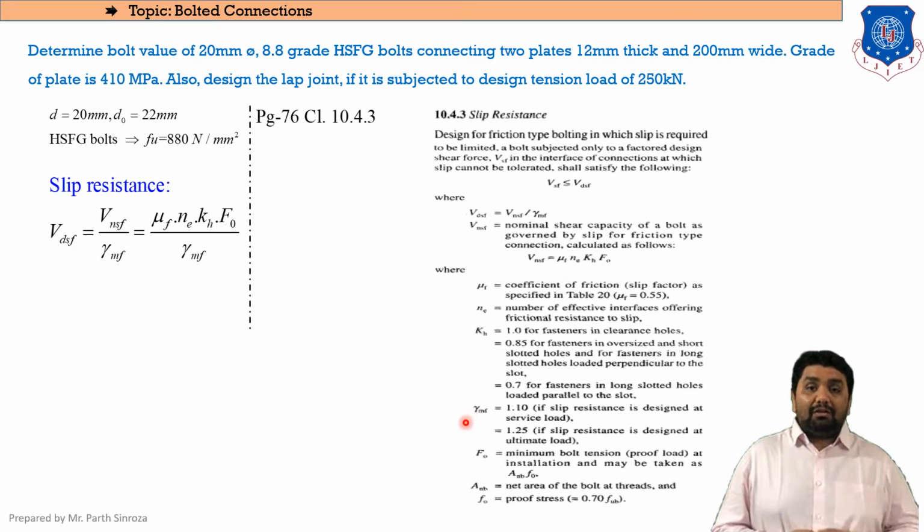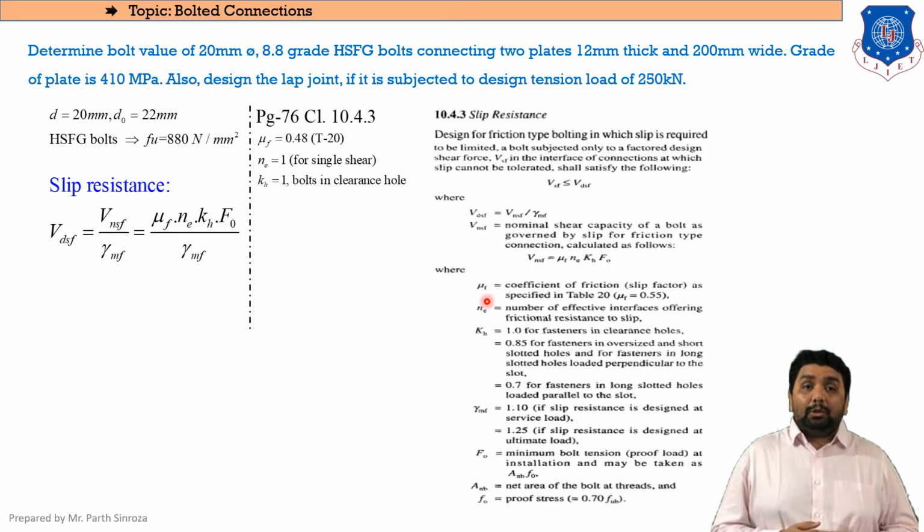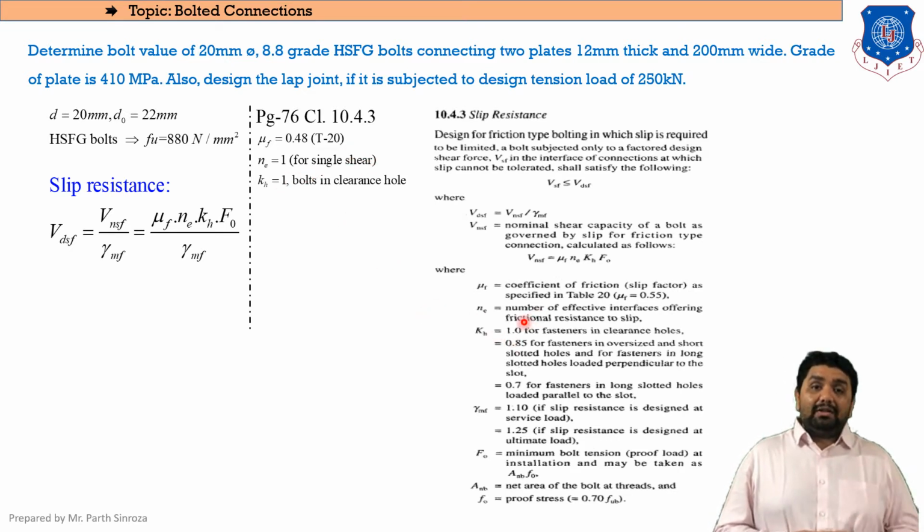So the first thing we'll be discussing is mu f. Now mu f will be equal to 0.48. How this value came we will be discussing somewhat later on in this slide. Then we will look at the value of Ne. N again is the number and e here is for shear planes. As we have discussed in the ordinary bolts, here the consideration will be the same.